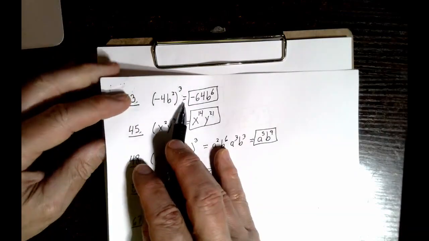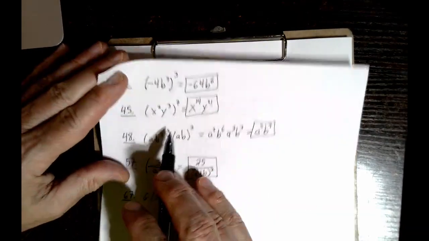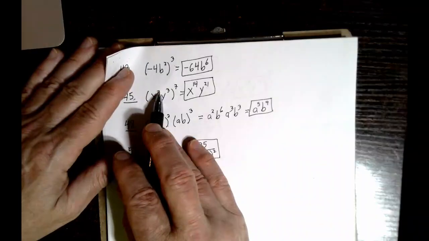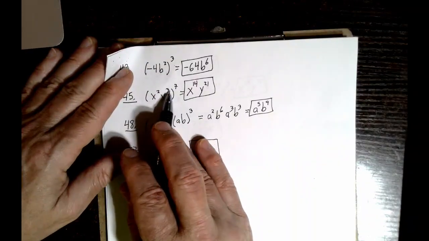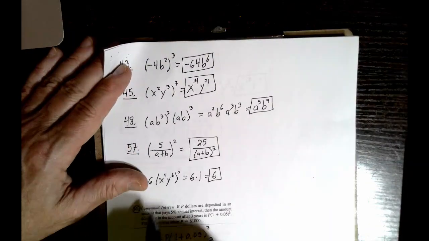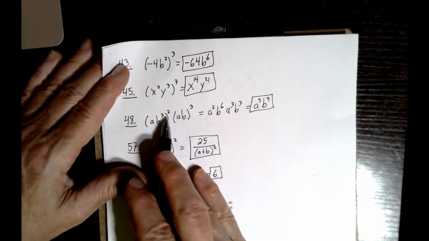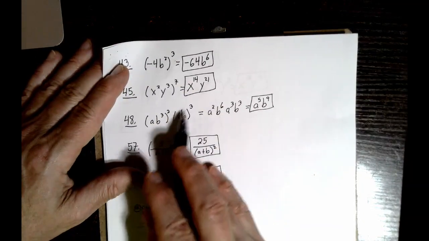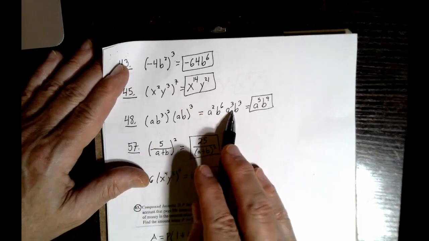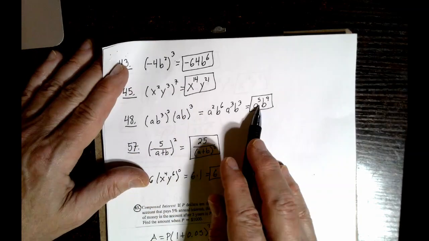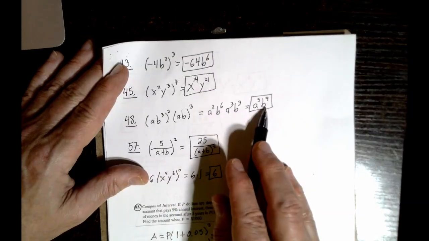B squared cubed is b to the 6th. This is x to the 2 times 7, y to the 3 times 7, which gives you x to the 14, y to the 21. A to the 2nd, b to the 6th. Okay? And a to the 3rd, b to the 3rd. And now you combine your a's to give you a to the 5th. You combine your b's to give you b to the 9th.